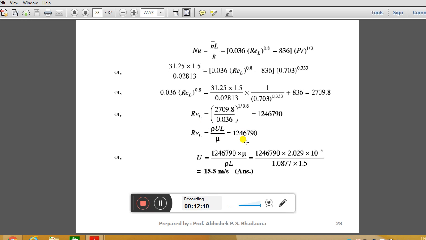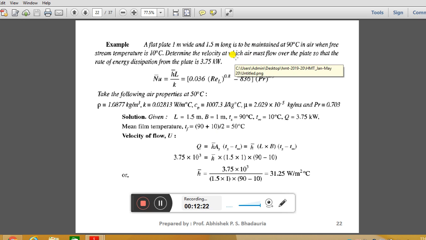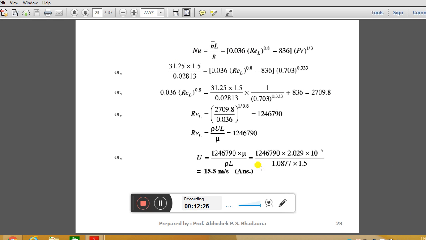And what is the Reynolds number? Reynolds number is equal to rho u L by mu, where L is the characteristic dimension, because the flow takes place along the length of the flat plate. So we have to calculate the Reynolds number for the entire length of the flat plate.